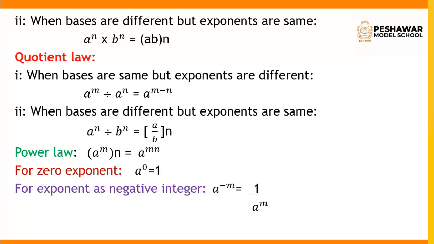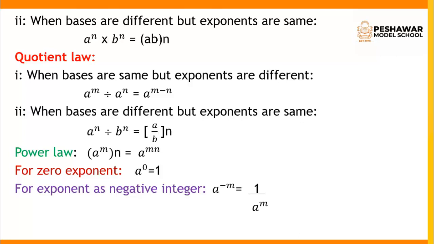So when the bases are same but the exponents are different, we have to subtract their exponents. a power m divided by a power n is equal to a power m minus n. Now the second condition, when bases are different but the exponents are same, a power n divided by b power n is equal to, we have to divide their bases, a divided by b whole power n.